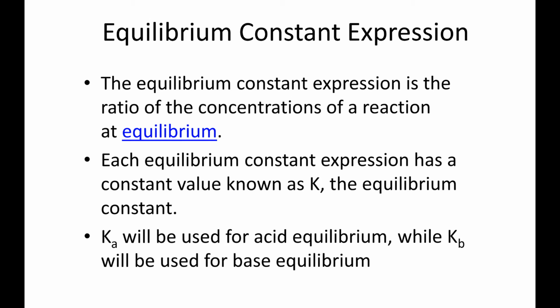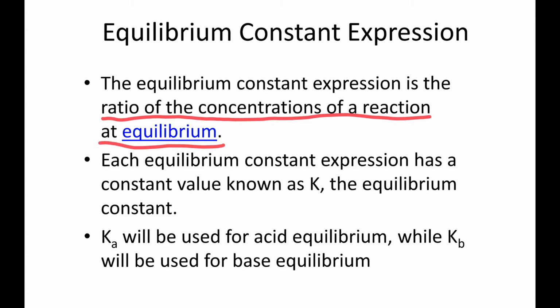The first thing we're going to be talking about is the equilibrium constant expression. So the main thing from this slide that you need to write down is the definition for the equilibrium constant expression, which is the first bullet point. It is the ratio of the concentrations of the reaction at equilibrium.